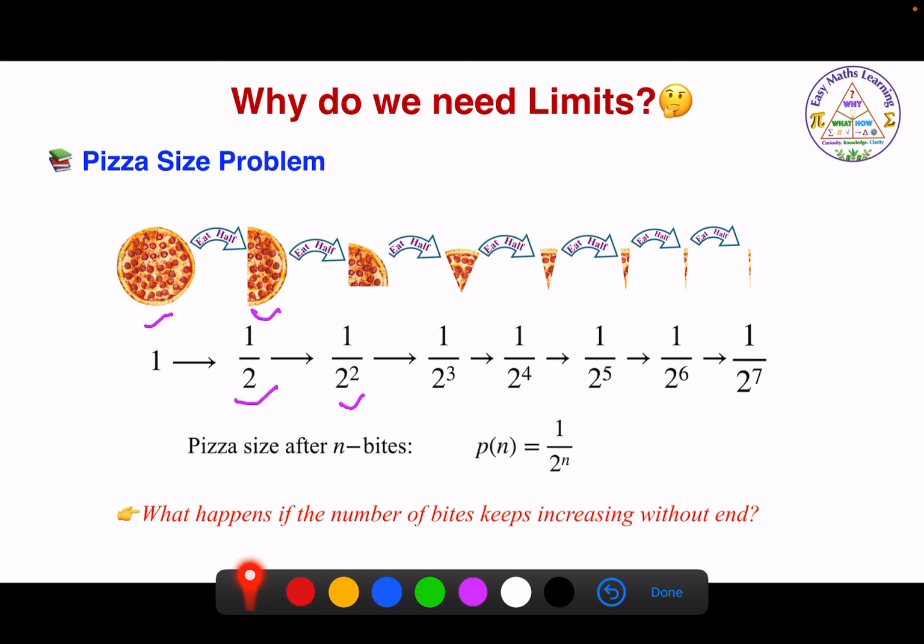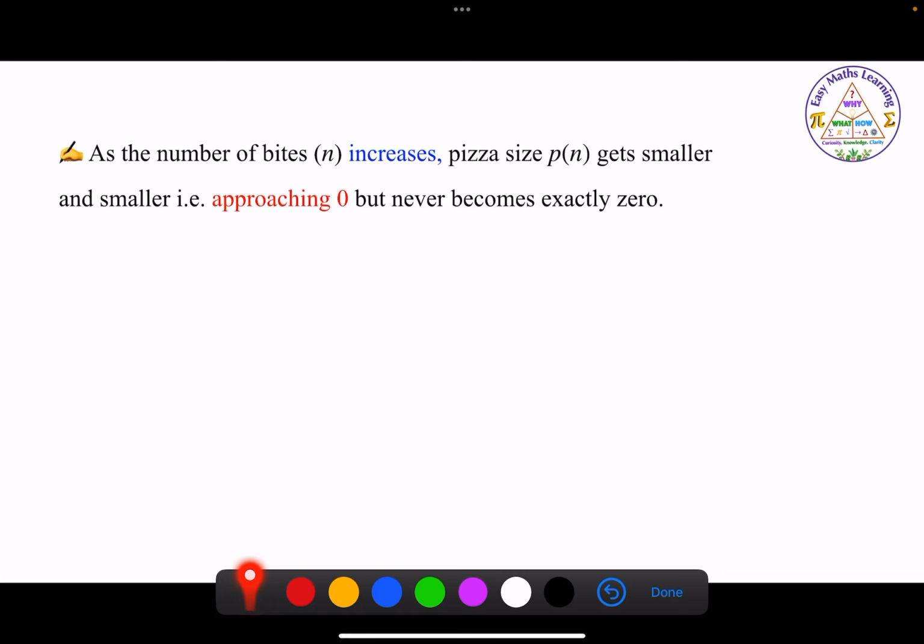Means pizza size becomes 0? So answer is not really. As the number of bites increases, pizza size P(n) gets smaller and smaller, means approaching 0, okay, but never becomes exactly 0.